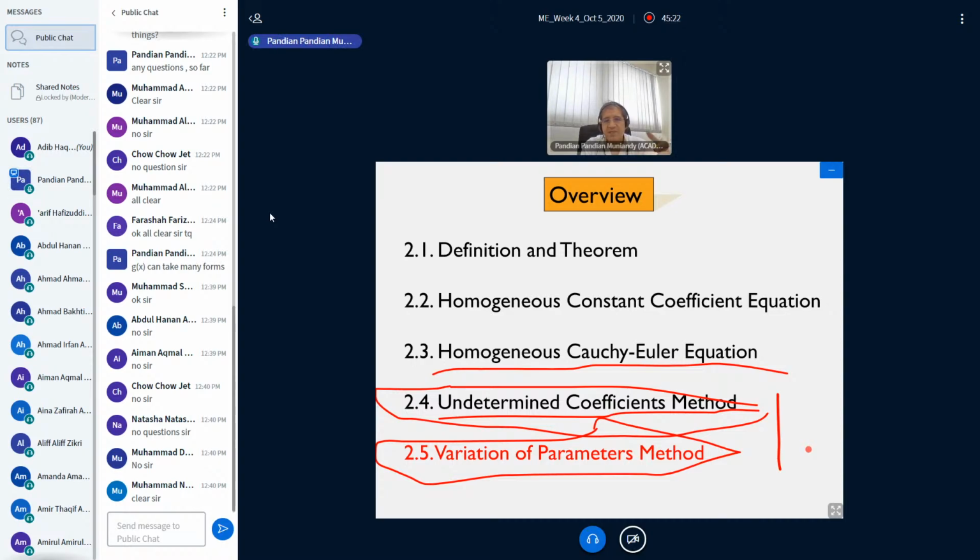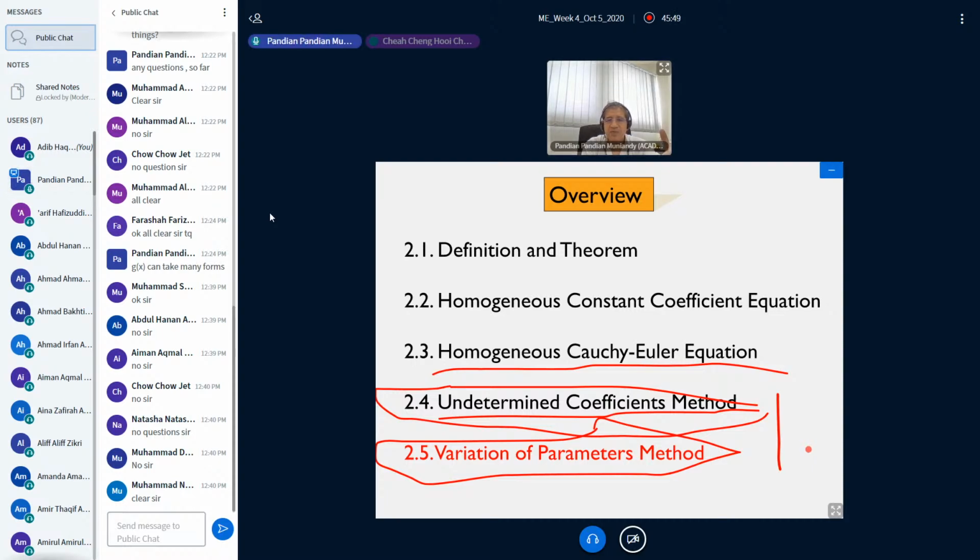Because variation of parameters method is very lengthy. Very lengthy. You have to double check once you find the solution, especially the Y_P. In the variation of parameters method, the Y_P depends on the Y_C, because you get y1, y2 from the homogeneous differential equation.